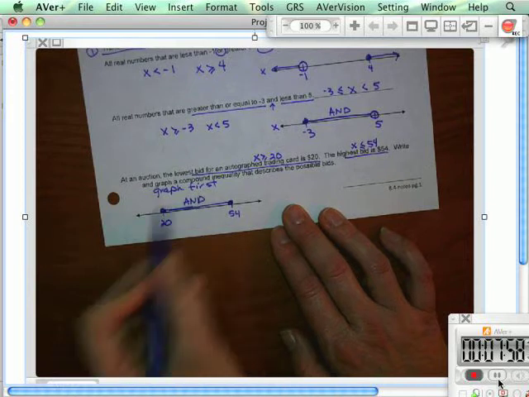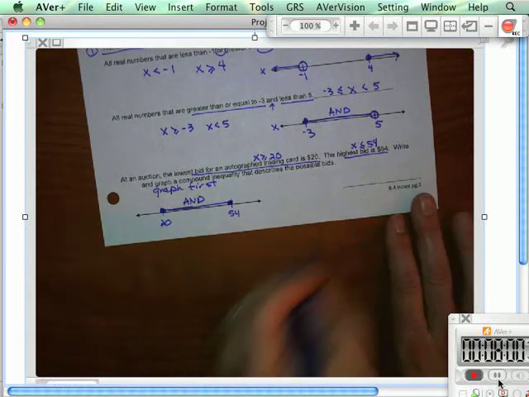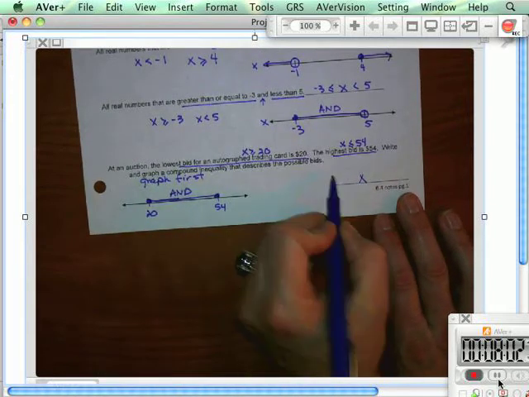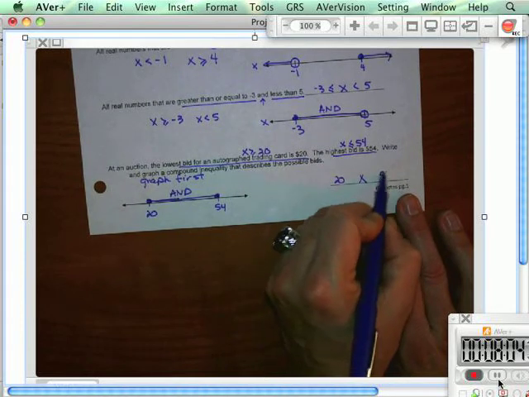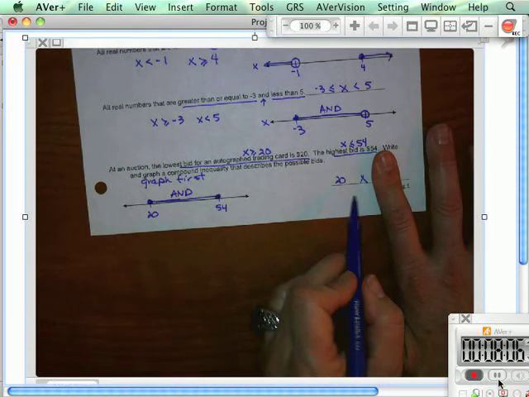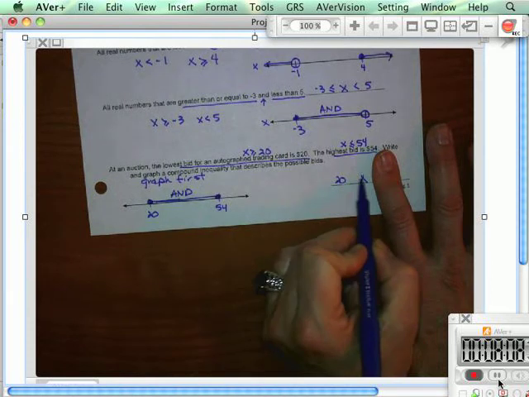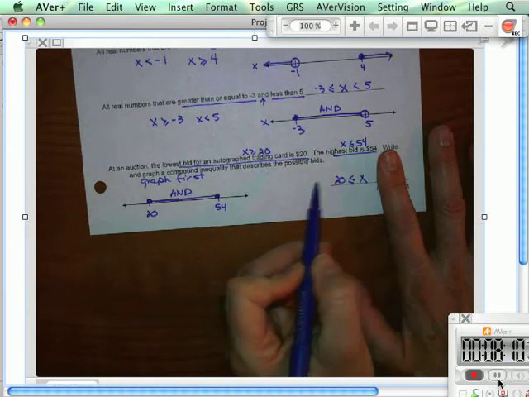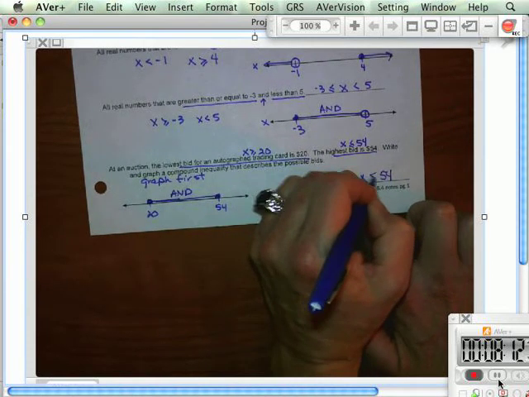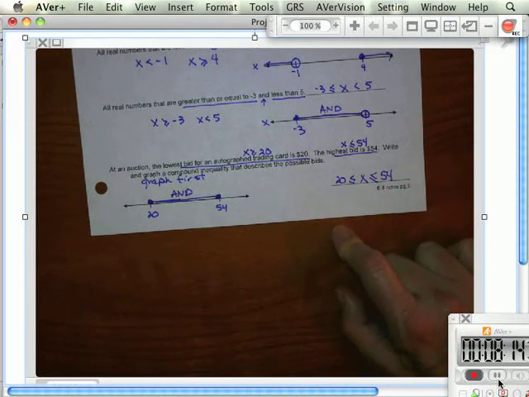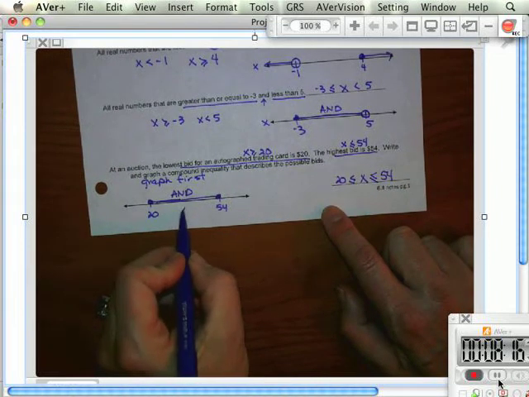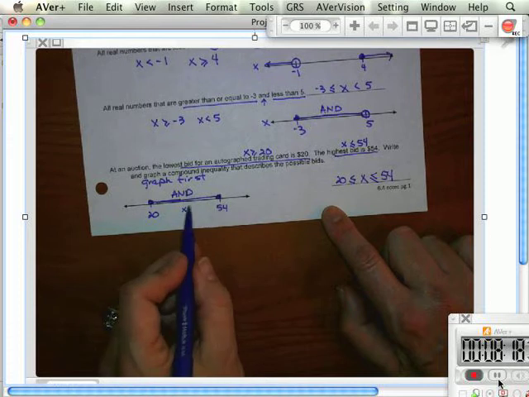Okay? So that means I'm going to put my x in the middle. I have 20 here and 54 here. If I think about this one first, it's greater. x is greater than or equal to 20, but it's also less than or equal to 54. And these are your x values here. Okay? So that's an AND.